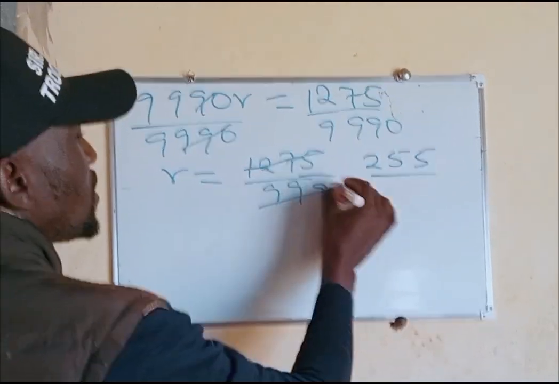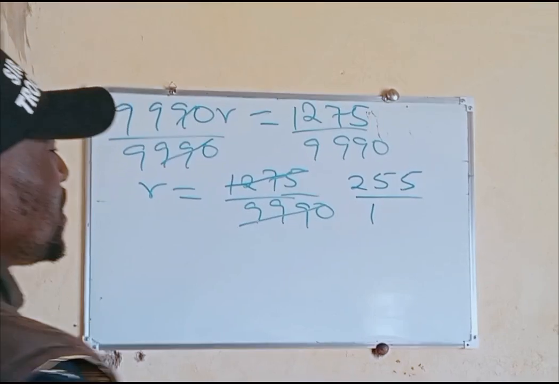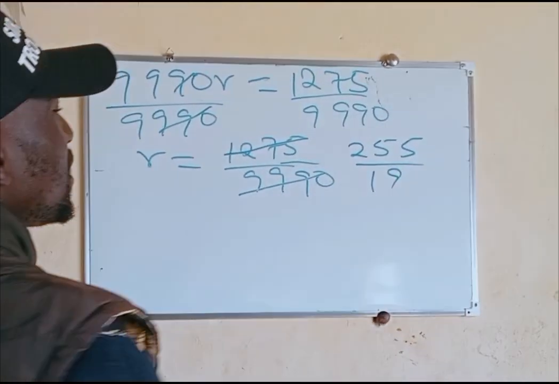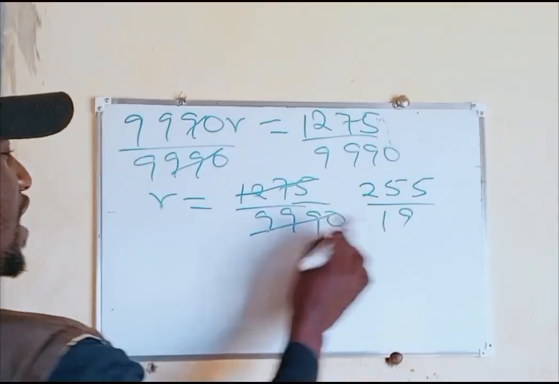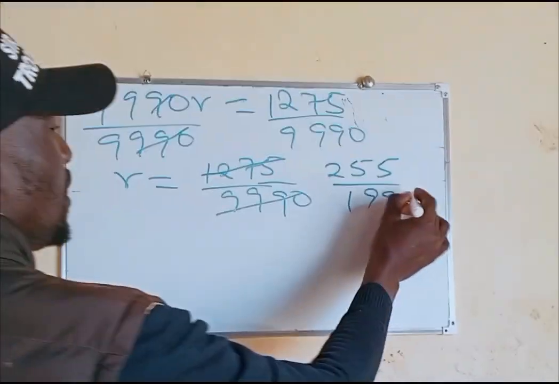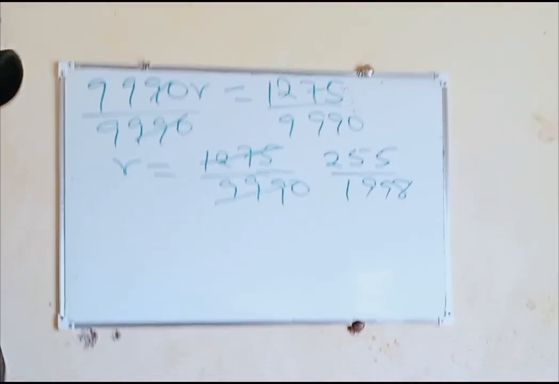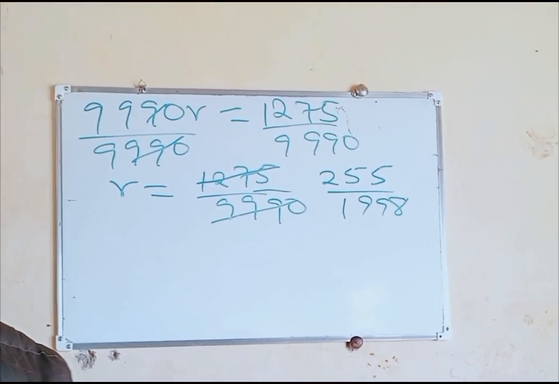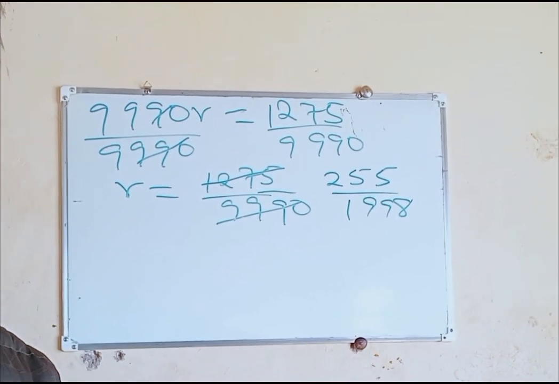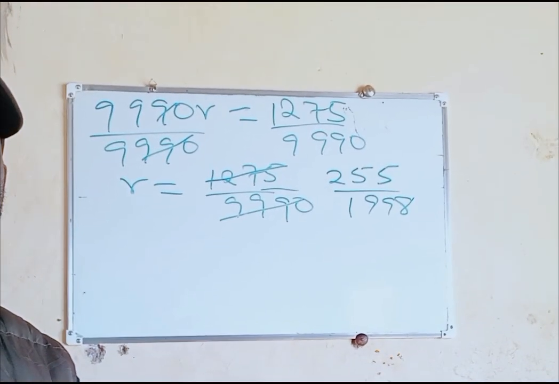Down here, it goes there how many times? 5 goes there 1. Remember 4, that is 9, and that is 8. So we have 255 over 1998. 5 can no longer go into the denominator, so we cannot use 5 to simplify.